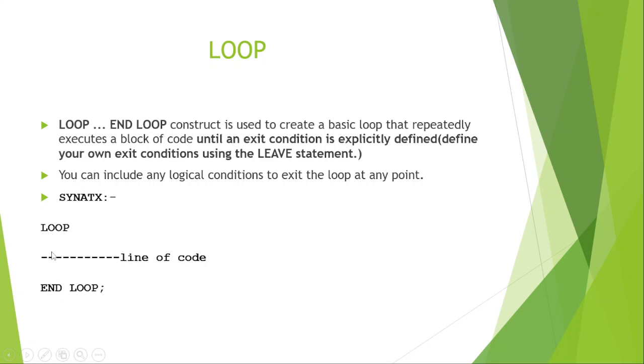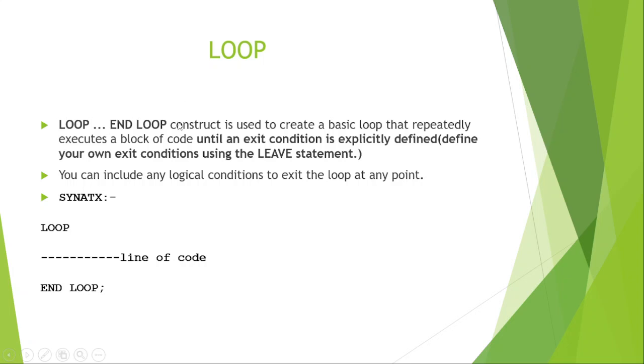So we are going to loop the line of code that we are going to execute continuously. The LOOP...END LOOP construct is used to create a basic loop that repeatedly executes a block of code until an exit condition, explicitly defined with your own exit using the LEAVE statement.